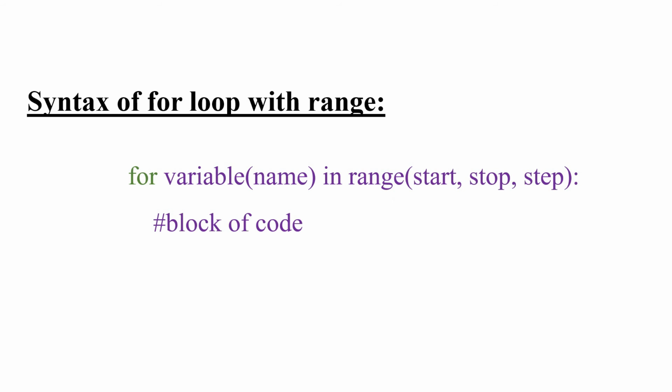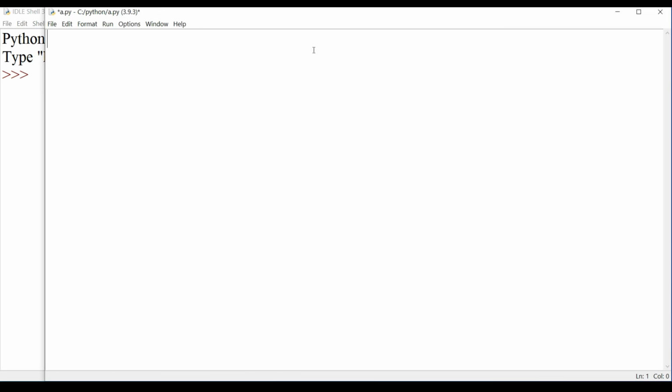We'll see the syntax of the for loop with range. For, space, variable name, space, membership operator in, space, range function. Start value, stop value and step value are separated by commas, and then a colon. Next line is the block of code to repeat. We'll see one example.